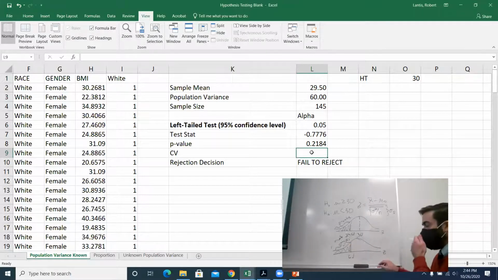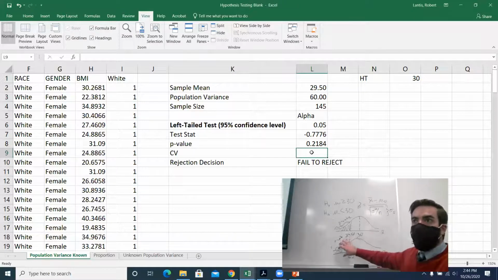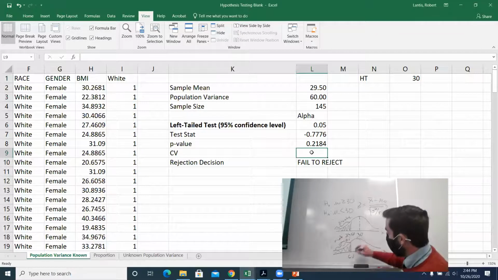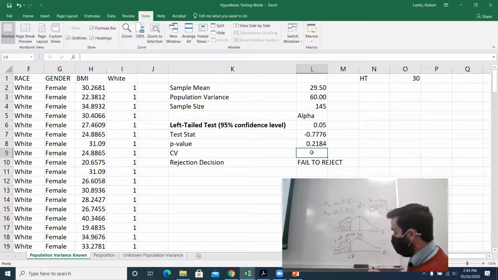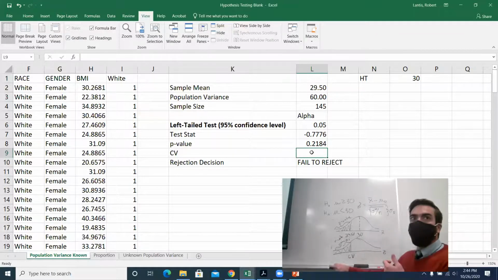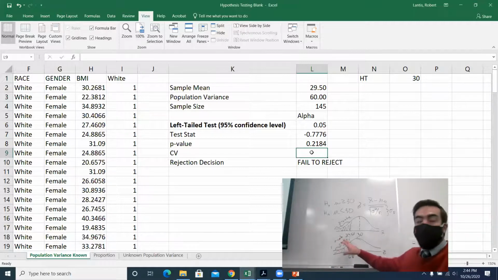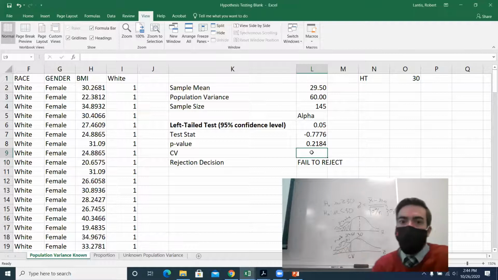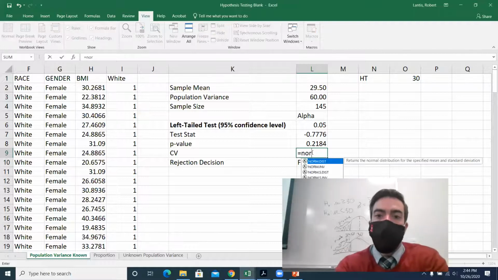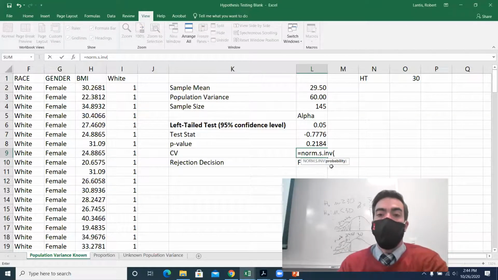Now when I go to Excel, just like in the previous one, if I know the area I want in my tail, and I want Excel to tell me the z-value that would give that area in the tail, for a left-tailed test I have to tell Excel the area in the left tail. Well, that's already there. I want 0.05 in that lower left tail. So I use NORM.S.INV because I know the area in the tail, which is just alpha.